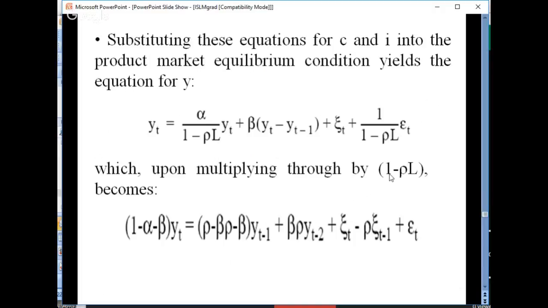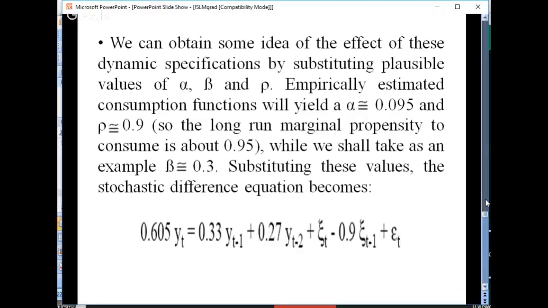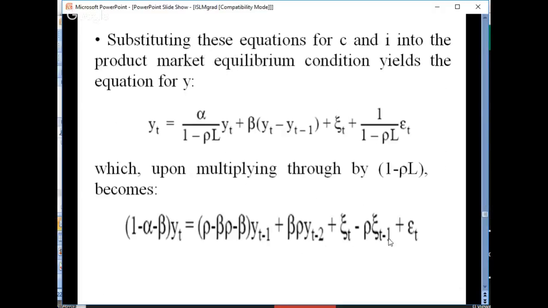Upon multiplying through by 1 minus rho times the lag term, and isolating Y_t on this side, 1 minus alpha minus beta Y_t is equal to rho minus beta rho minus beta Y_{t-1} plus beta rho Y_{t-2} plus wiggly term_t minus rho wiggly term_{t-1} plus epsilon_t. So basically what we have is now a model that we can estimate econometrically.